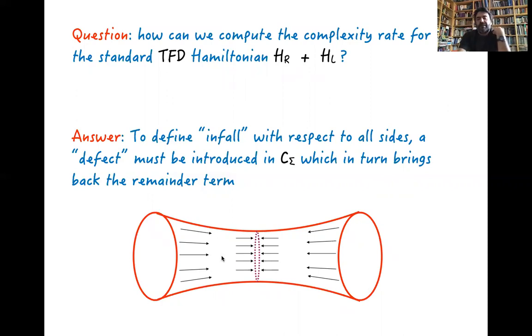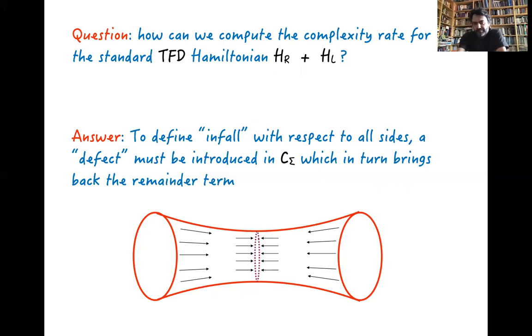So I cannot maintain the conformal Killing equation everywhere. I have to somehow flip the field in the middle by hand, okay? So if I flip it smoothly, I will get a contribution from the remainder term from the flipping region. If I flip it suddenly, I will get a contribution from the sphere where I am doing the flipping. It will be a delta function contribution, okay?